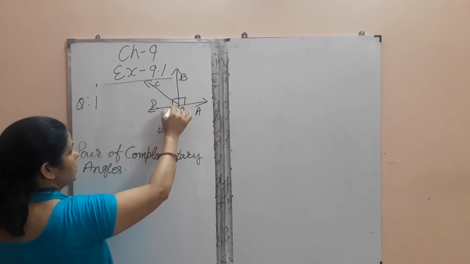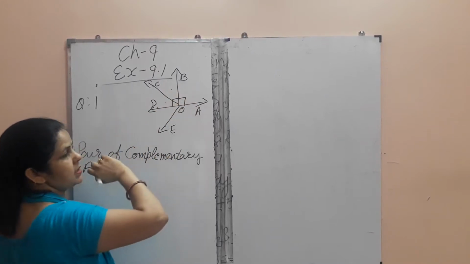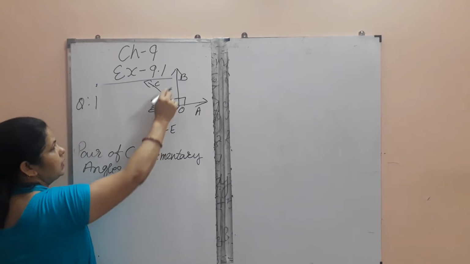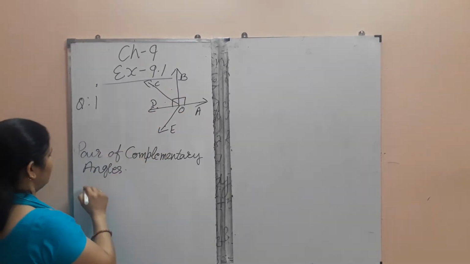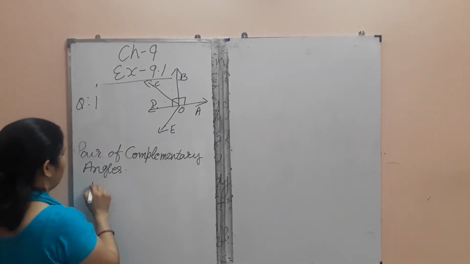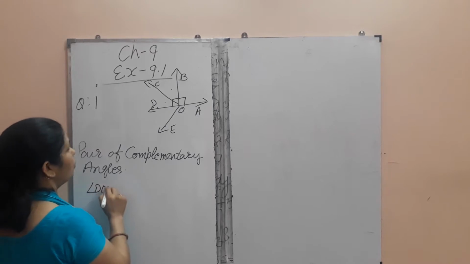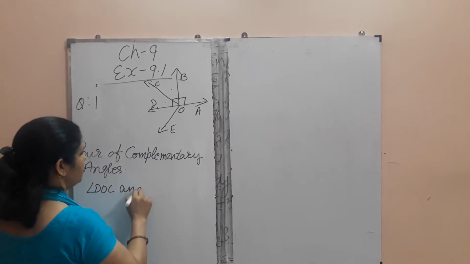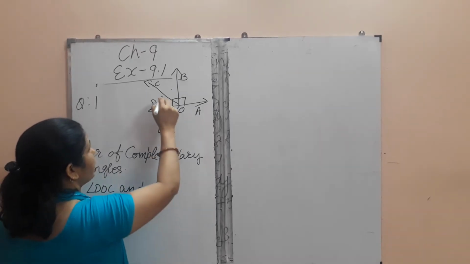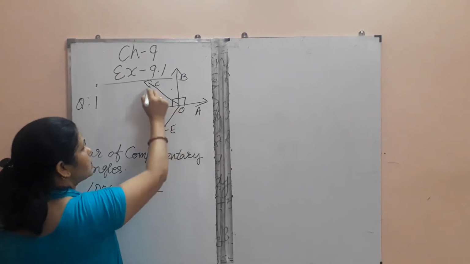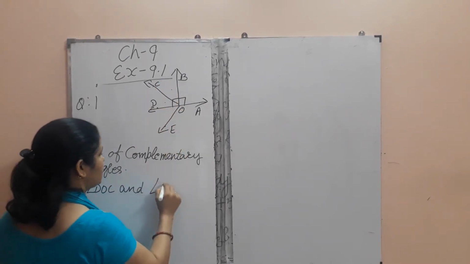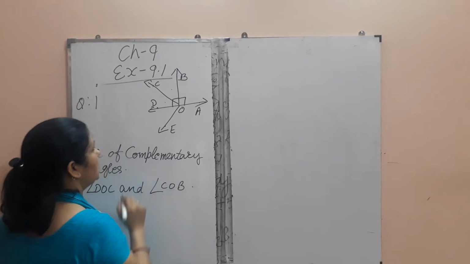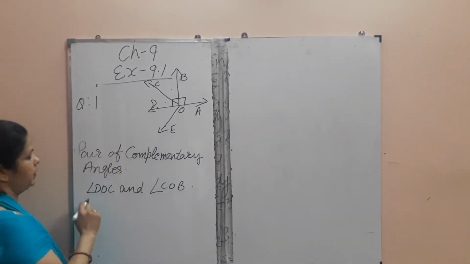This is a 90-degree angle, and with the help of two angles, this angle is formed. So the complementary angles pair will be angle DOC and angle COB. This is the pair of complementary angles.